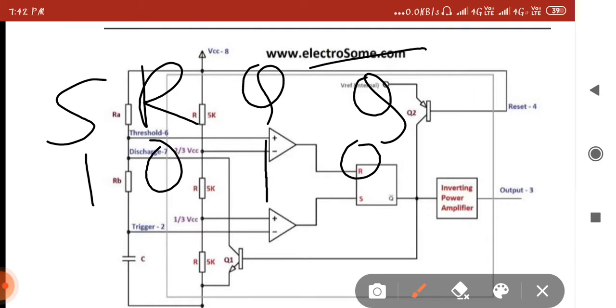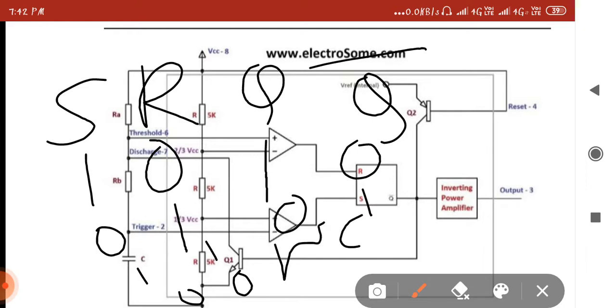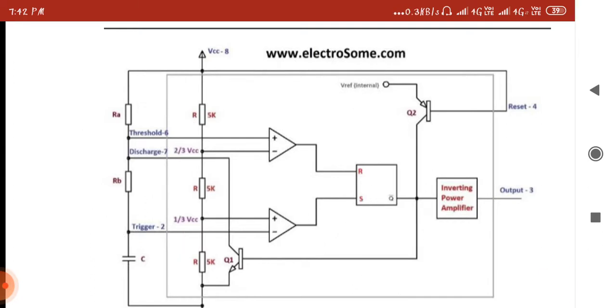If S is 0 and reset is 1, Q is 0 and Q bar is 1. If both are 0, there is no change in the output. This is the condition of the SR flip-flop.